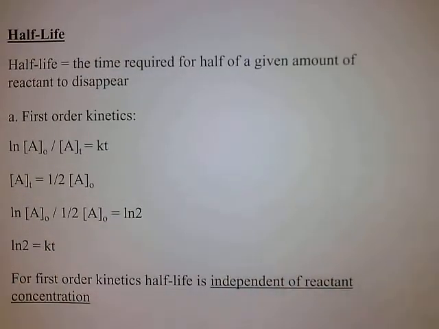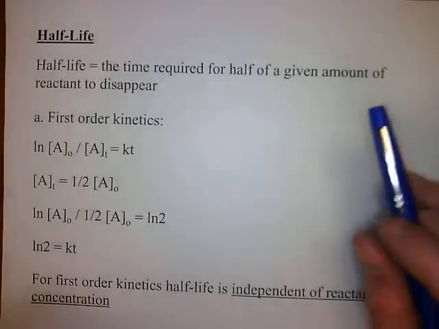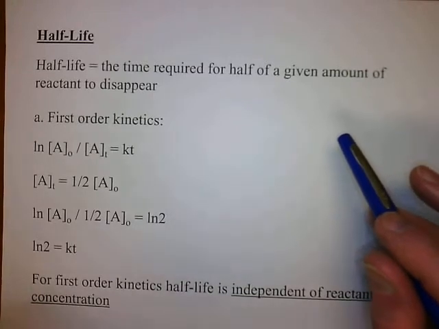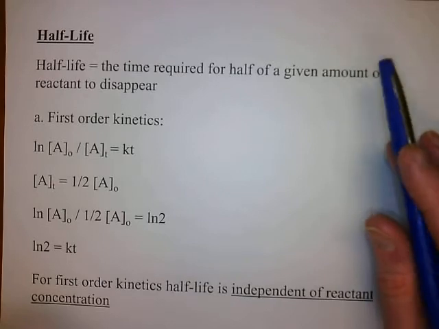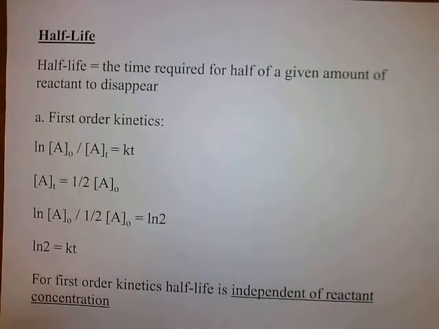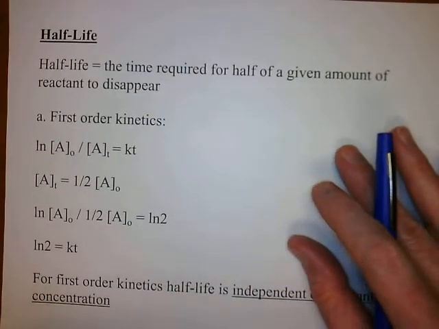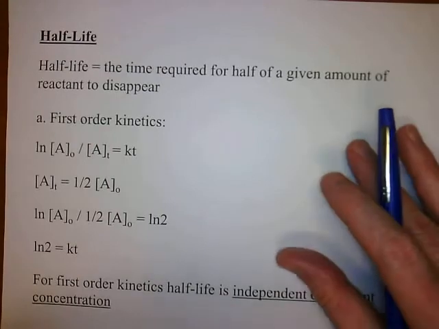So what is half-life? It's the time required for half of a given amount of substance or amount of reactant to disappear. All right, so as before, let's talk about the first order kinetics first, second order. We'll go through them one by one.